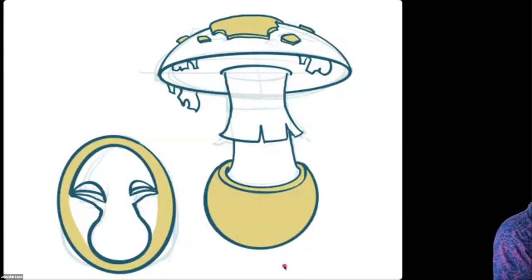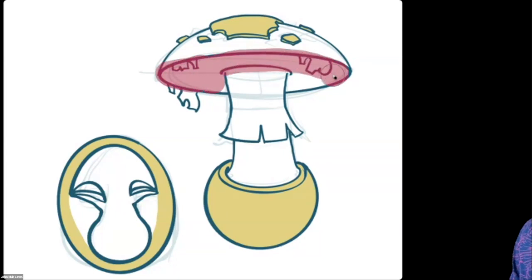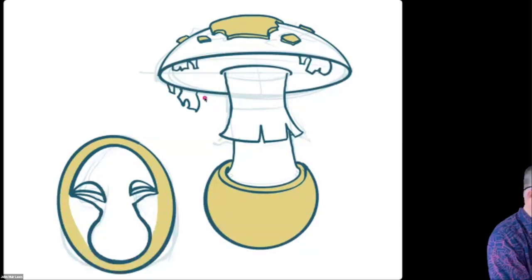So the gills on this little mushroom, that's, let's see. There you are. This sort of part in here, those little things, did that turn red on your screen? Yes, it went away though.